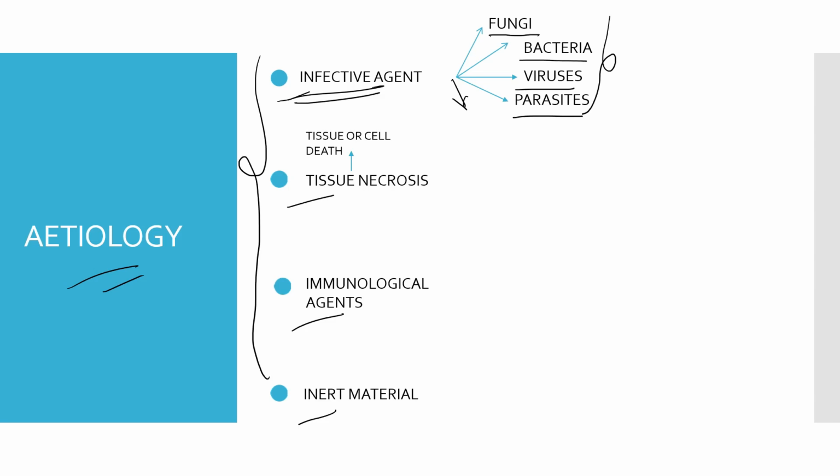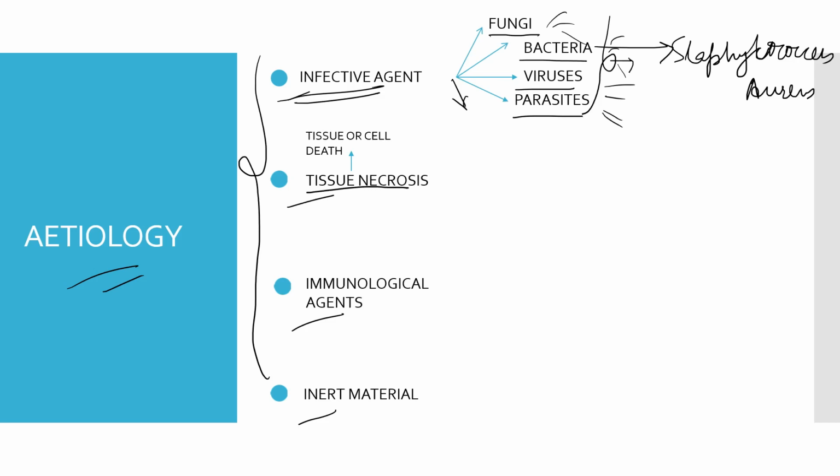They are the chief infective agents which cause inflammation in our body. There can be many examples of it. You can take one example of bacteria, that is Staphylococcus aureus, and likewise for others.